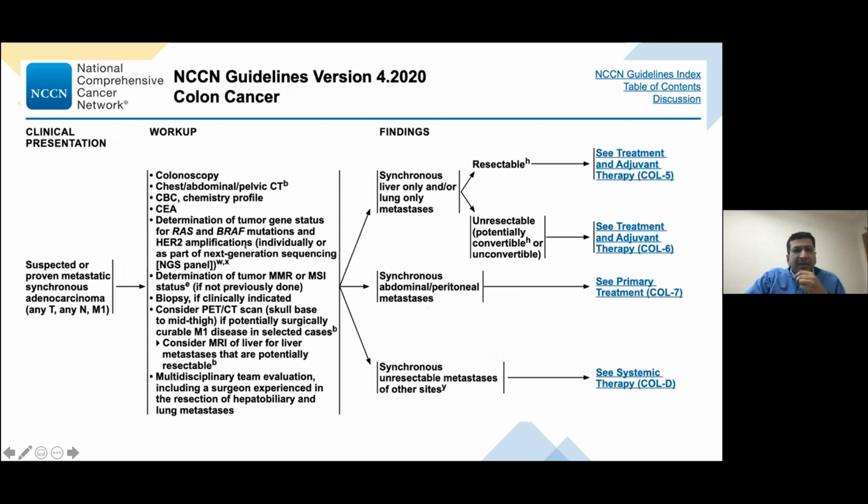So what are the changes? Here, they say we need to test the tumor for RAS and BRAF mutations and also for HER2 amplifications. Either we can do this individually or as part of next generation sequencing. And obviously, MMR and MSI testing is required. If it is not done earlier, it needs to be done. The implication we will discuss later.